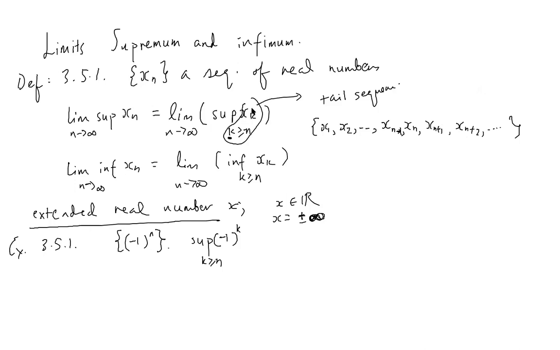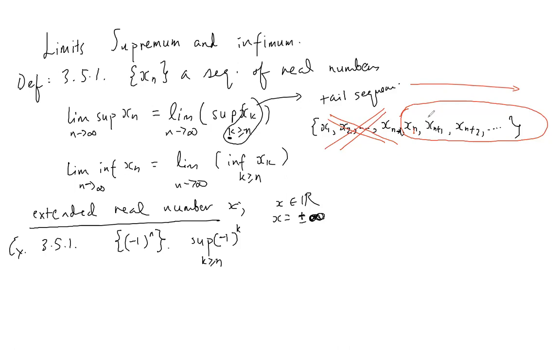This supremum of xk, index k greater than or equal to n, means that you are considering this tail sequence here. You don't care about this part. In fact, limiting processes always talk about the tail behavior. So it's saying that starting from k equals n, starting from this tail, what is its limit? You don't want to talk about those at the beginning.